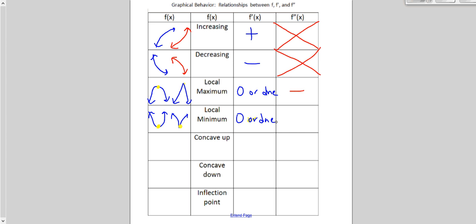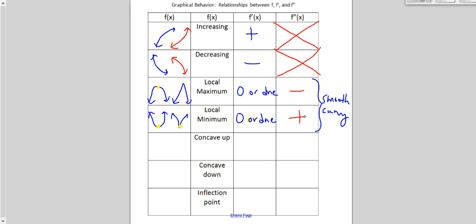What about the second derivative? Well, if we concentrate on the one that's smooth and curvy, if it's smooth and if the derivative exists, not the extreme cases that aren't smooth and curvy, look at the curve I drew under the f of x column. It's concave up. So the second derivative would be positive. I'll make that red just for fun.